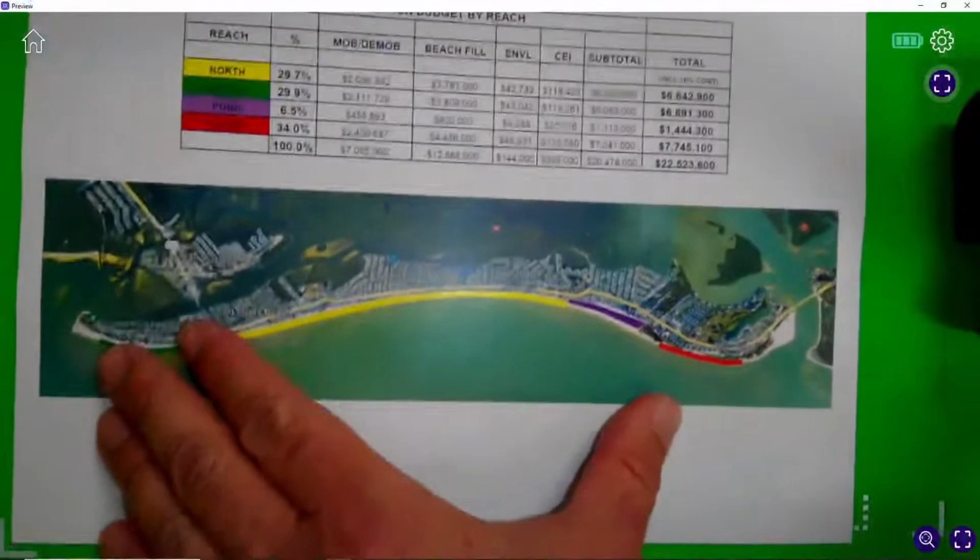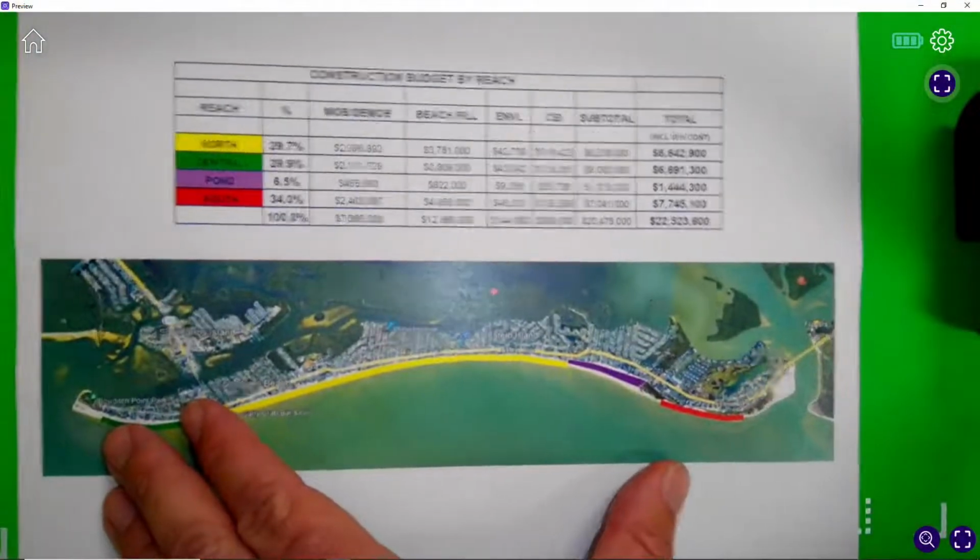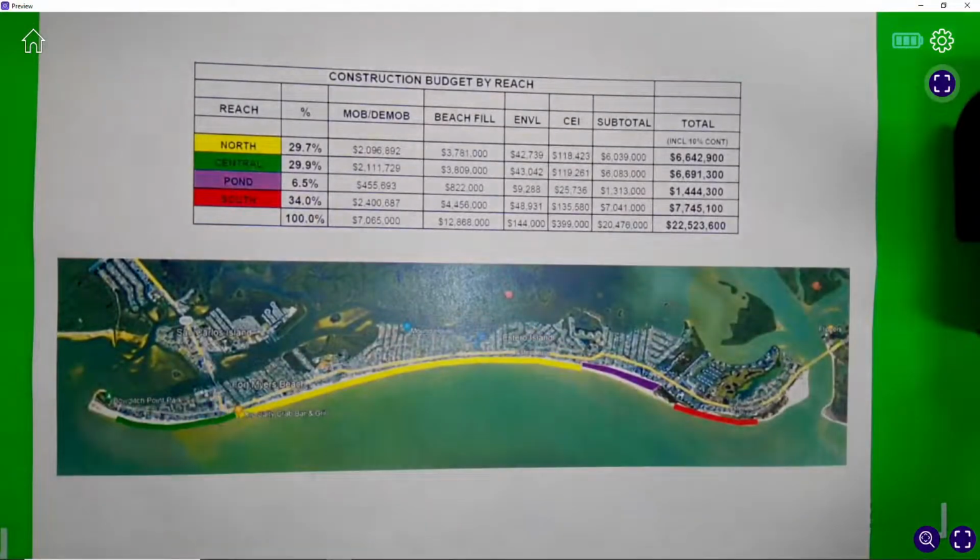So just one last slide. Councilor Veach was asking about pricing. These are the engineers' probable cost estimates. The percentages you see are based, in round figures, on the amount of sand that's going to be pumped onto each one of these segments.